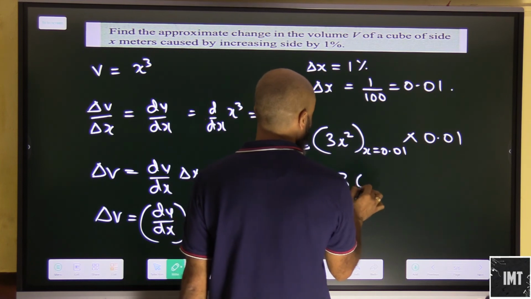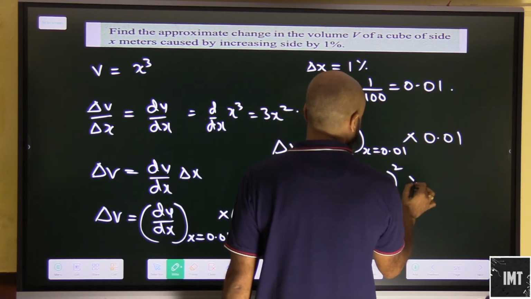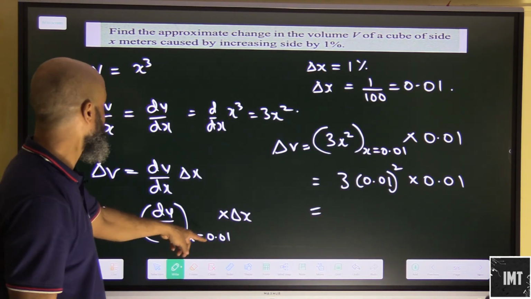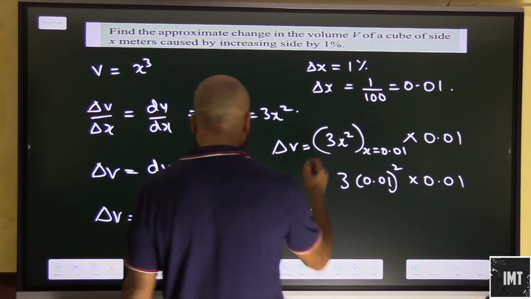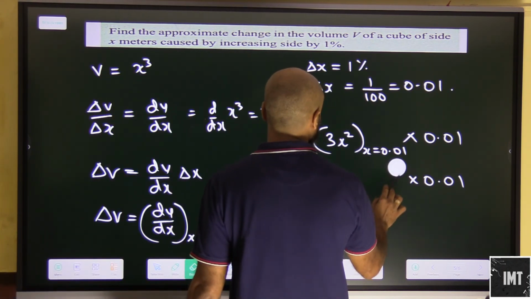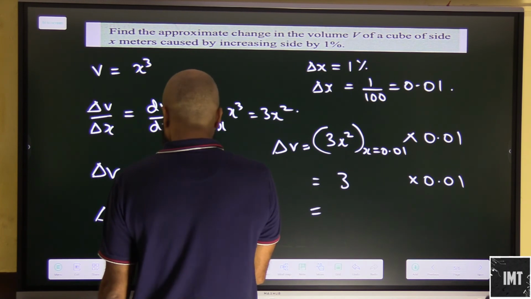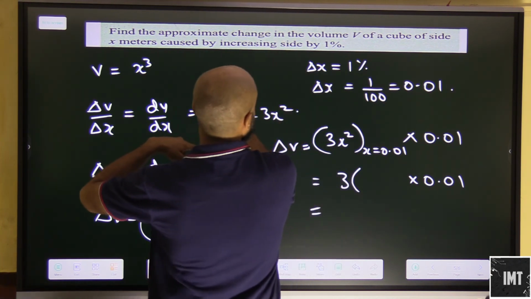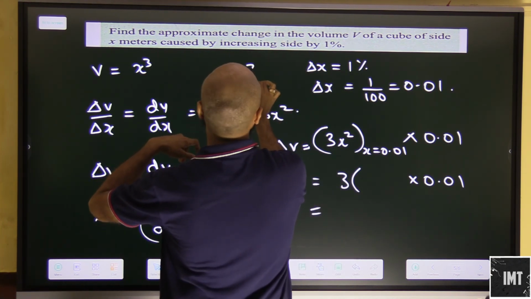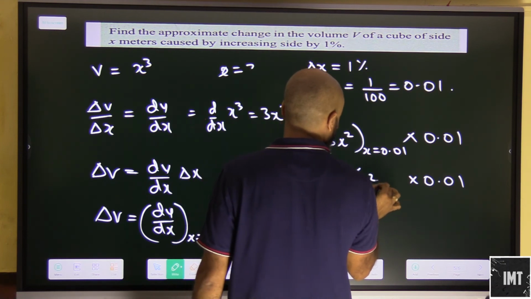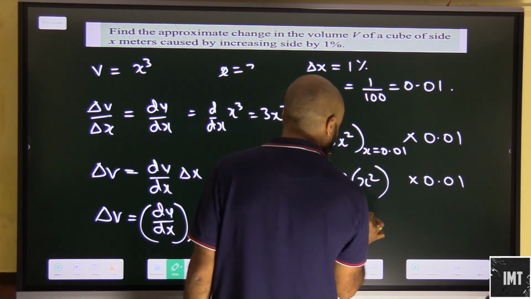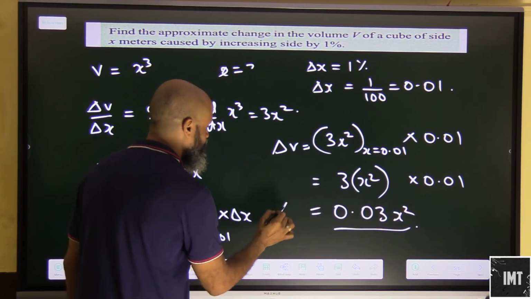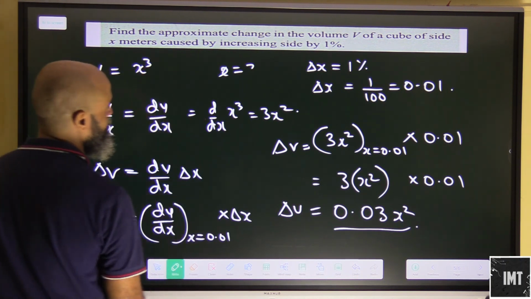So that will be 3 x square into 0.01, that is 0.03 x square. So delta v will be equal to 0.03 x square.